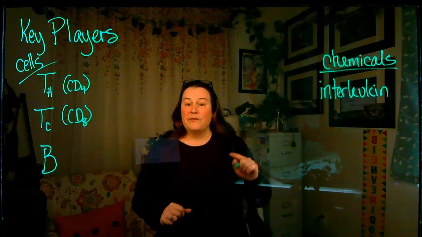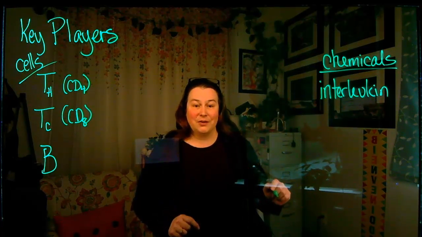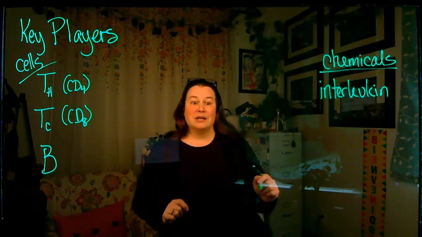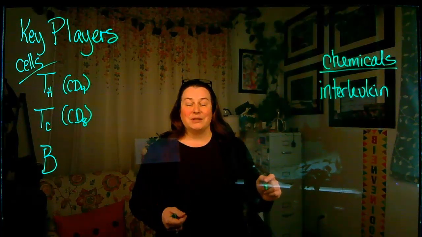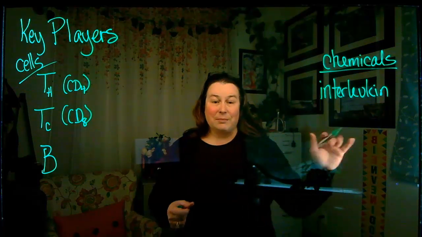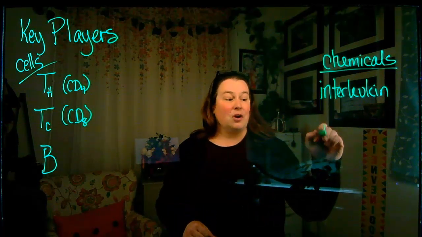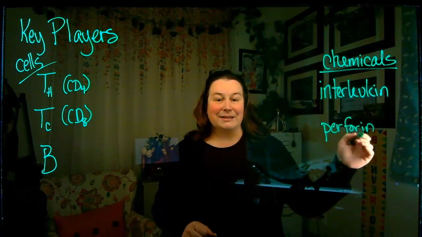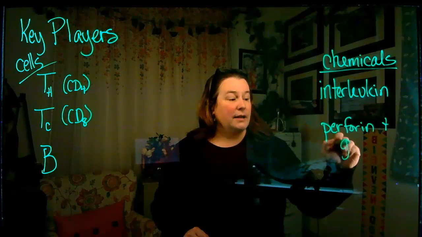Now, if you watched the third line of defense video that I have published, you will note that the cytotoxic T cells are also producing another substance, and those chemicals are the perforin, which kind of sounds like perforate because that's what it does, and granzymes.